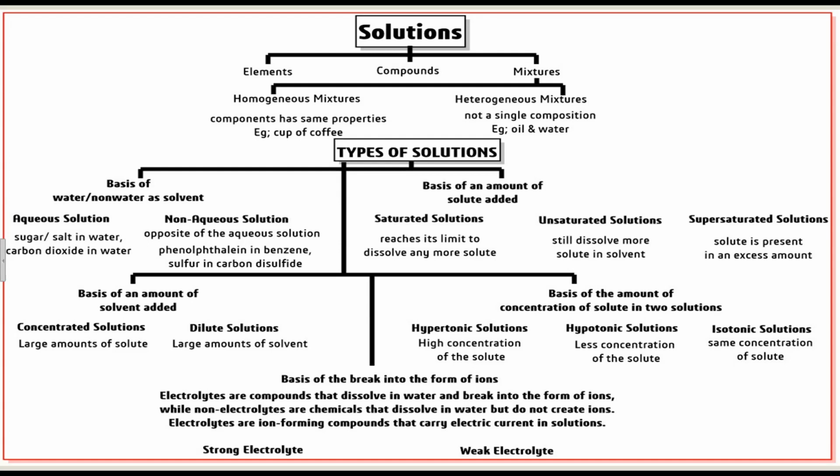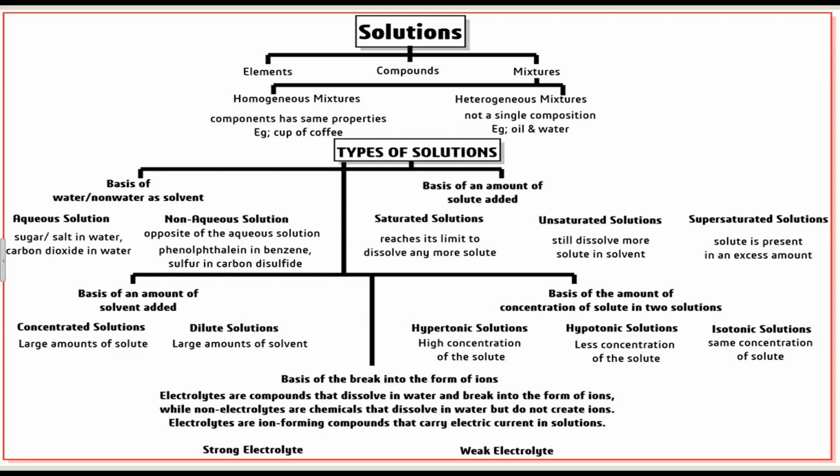What is the next type? Basis on amount of solvent added. Here again solution is divided into a concentrated solution and a dilute solution. Concentrated solution means a large amount of solute is present in the solution. Dilute solution means a large amount of solvent is present in the solution.